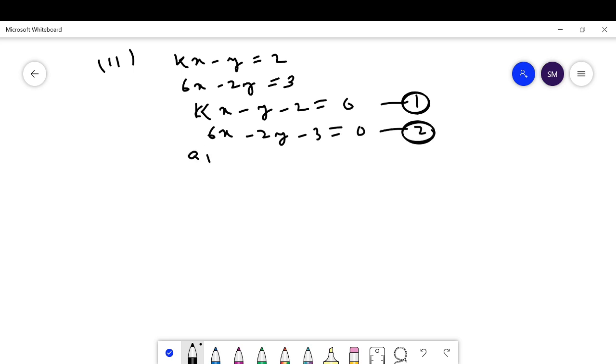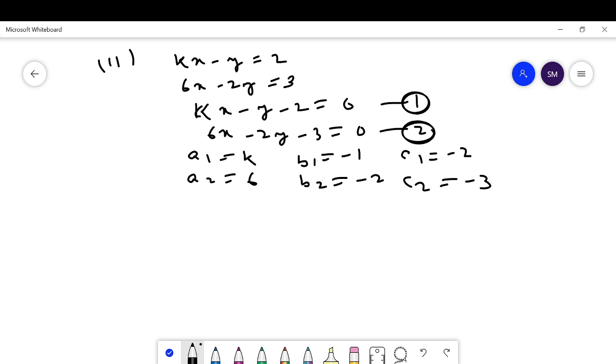Here A1 is equal to k, A2 is equal to 6, B1 is equal to minus 1, B2 is equal to minus 2, and C1 is minus 2, C2 is minus 3. The condition for no solutions is A1 upon A2 is equal to B1 upon B2 which is not equal to C1 upon C2.